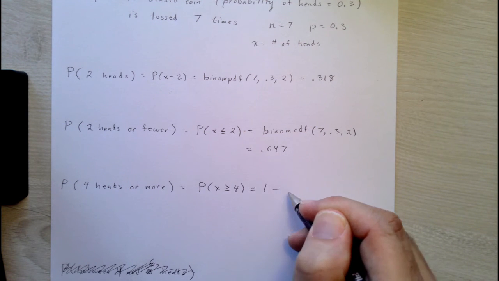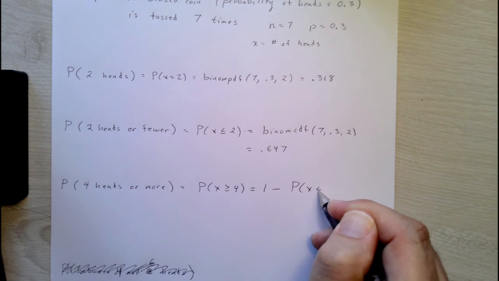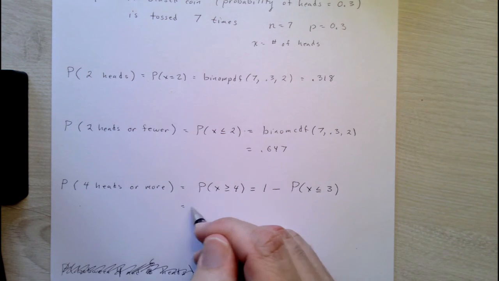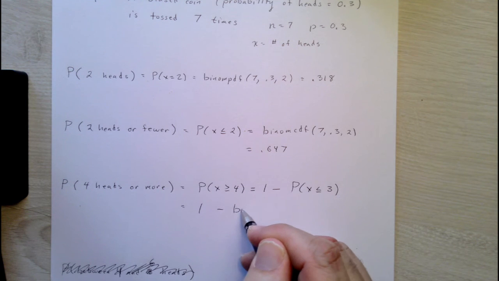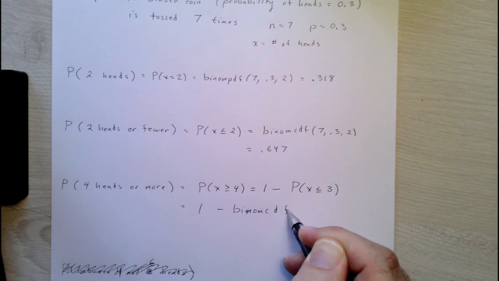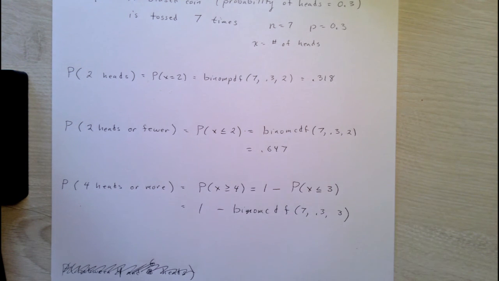Because the complement of x being greater than or equal to 4 is x being less than or equal to 3. So this will be 1 minus binomcdf of 7, 0.3, 3, which is 0.126 when you do this on a calculator.